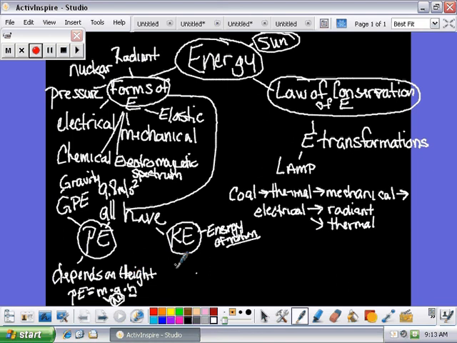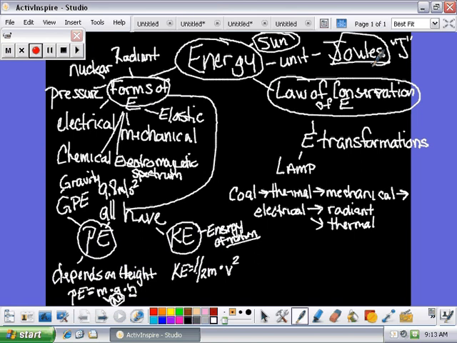Kinetic energy equation is half of your mass multiplied by your speed squared. Key thing is remember to square. Okay. So all this energy, when we solve for this, the unit for energy is what? Joules, abbreviated with a J. That's a lovely circle.